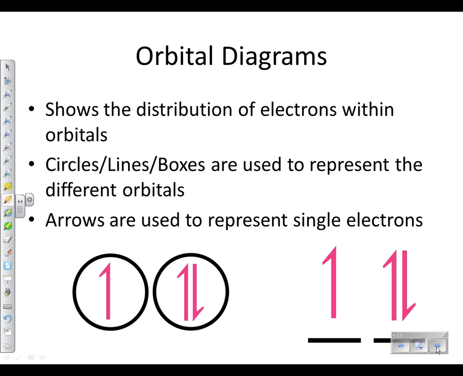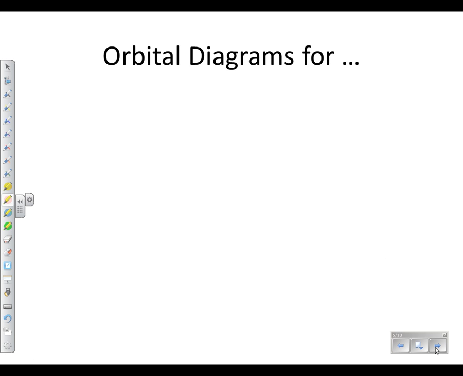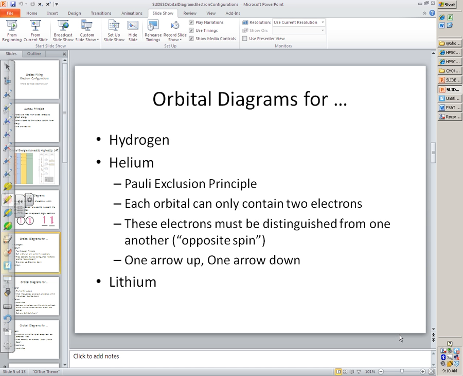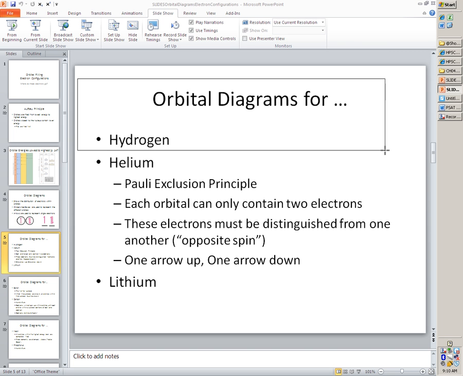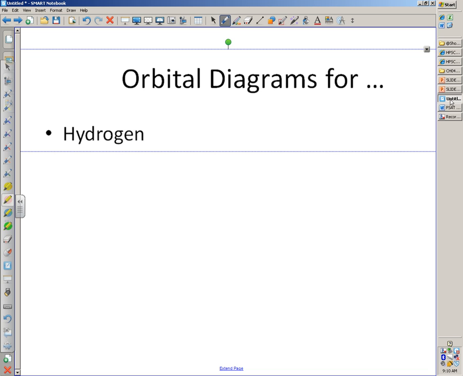Okay? Good there? All right, ready to give it a try? So let's start off with hydrogen. This is where your periodic table is going to come in handy. Starting off, the orbital diagram for hydrogen.